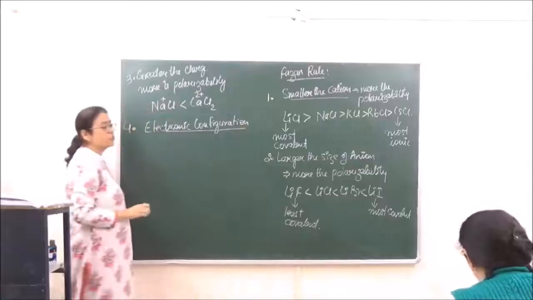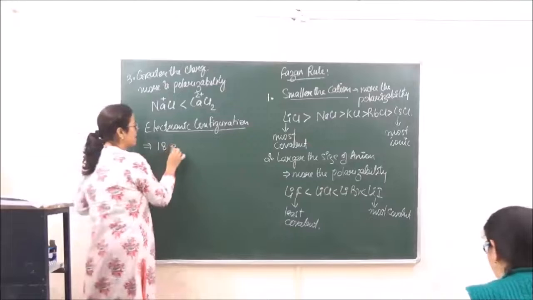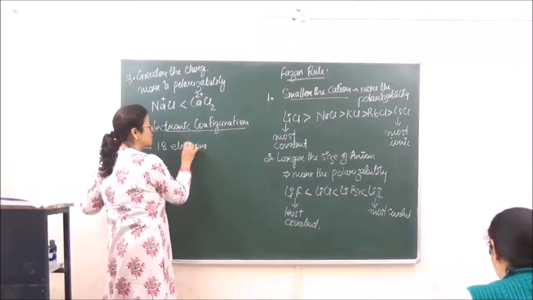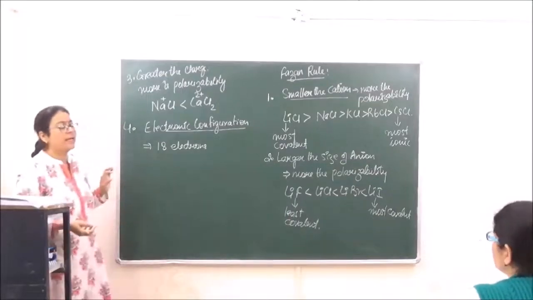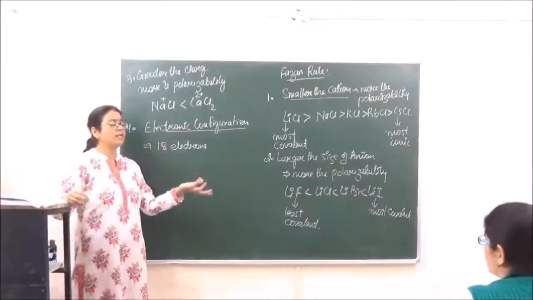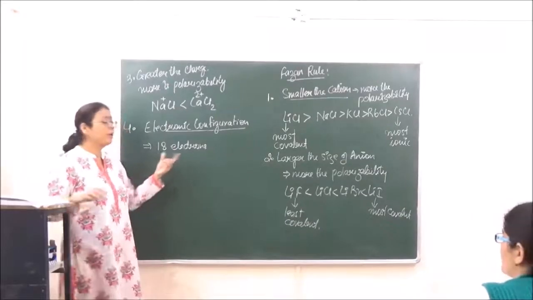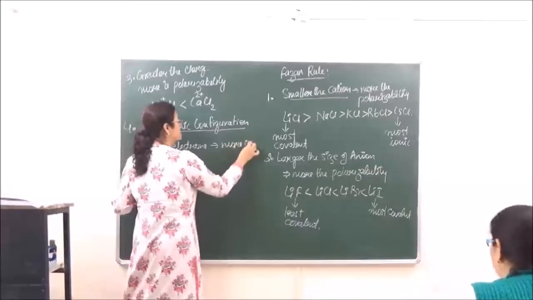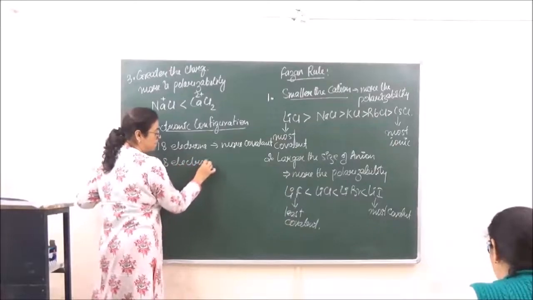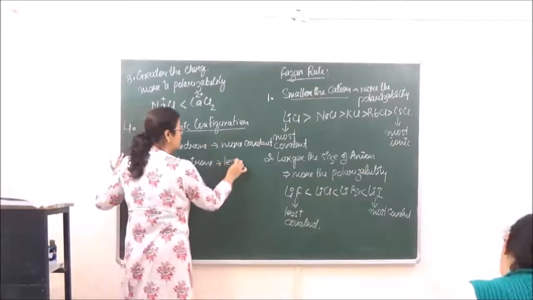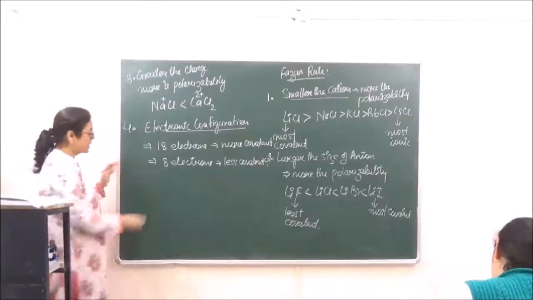When we are talking of electronic configurations, it is said that all systems having 18 electrons, which are known as pseudo-noble gas configuration, meaning that they are either losing or gaining electrons to make 18 electrons in the outermost shell, are going to be more covalent than the 8 electron systems, which are less covalent. Let's explain this by taking an example of sodium.